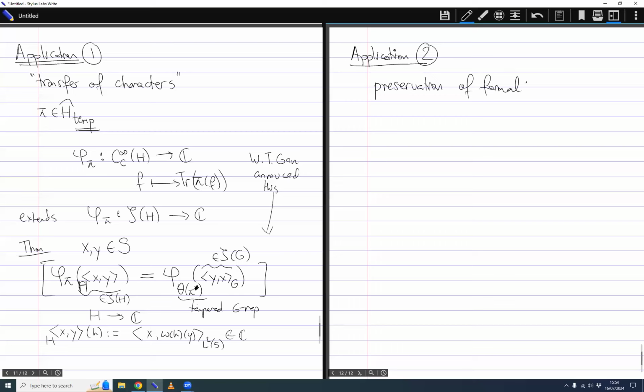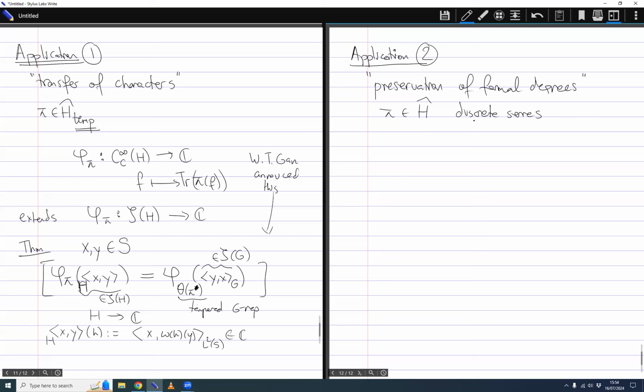Now, I did mention that in the equal rank case, if your pi is a discrete series, then its theta lift is also a discrete series. And discrete series have these formal degrees, or formal dimensions. If pi is a discrete series representation, let's start with a discrete series on the H side. You can think of this as just a subrepresentation of the regular representation, so it's contained in the regular representation.